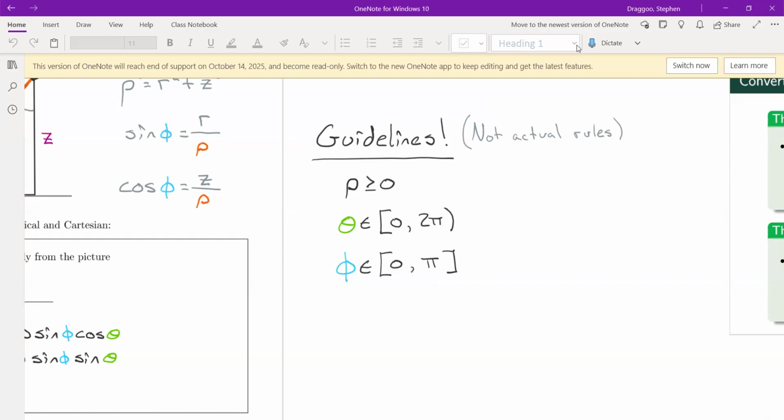Because as it turns out, if I want to talk about some point out in space, maybe it's this guy, and I want to talk about it with spherical coordinates, I could say that this is at a theta angle of pi over 3, right? And it's right here.